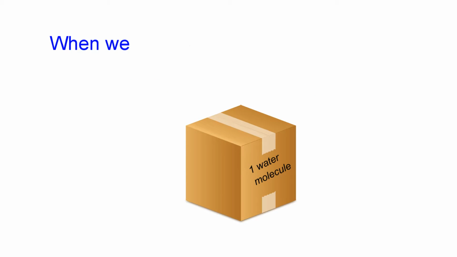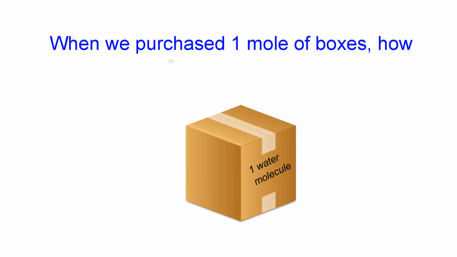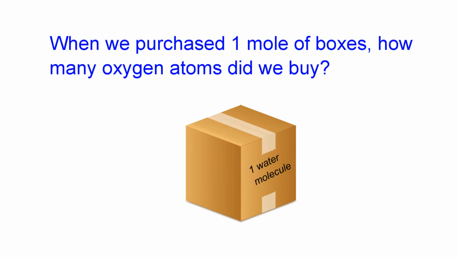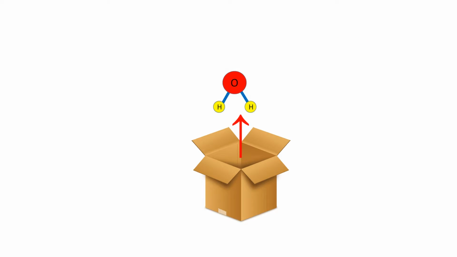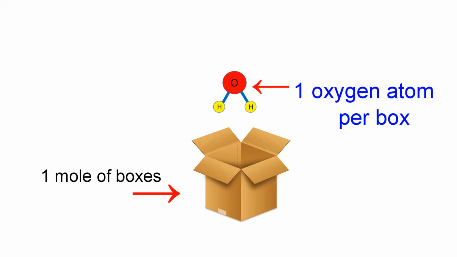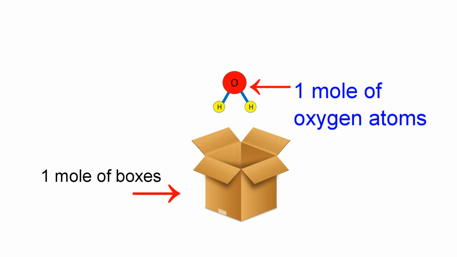Now let's ask ourselves some questions. When we purchased 1 mole of boxes, how many oxygen atoms did we buy? Well, let's take our molecule back out of the box and look at it. 1 mole of boxes and 1 oxygen atom in each box. So when we purchase 1 mole of boxes, we also purchased 1 mole of oxygen atoms.